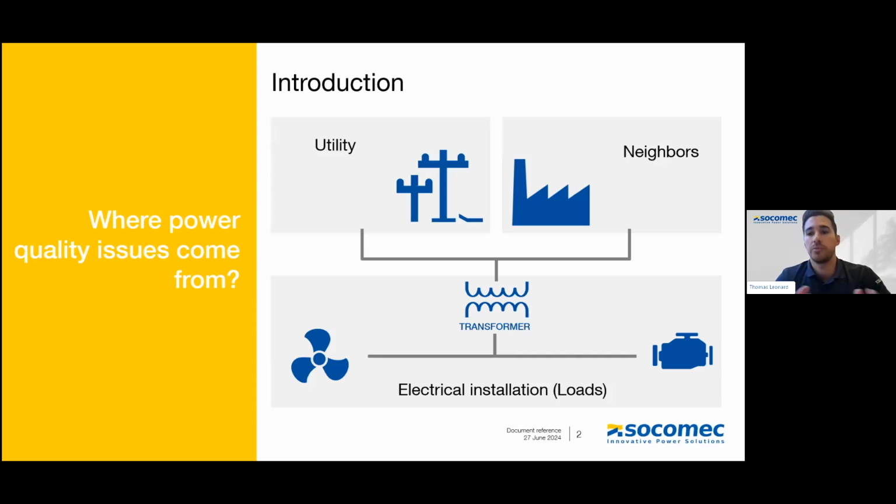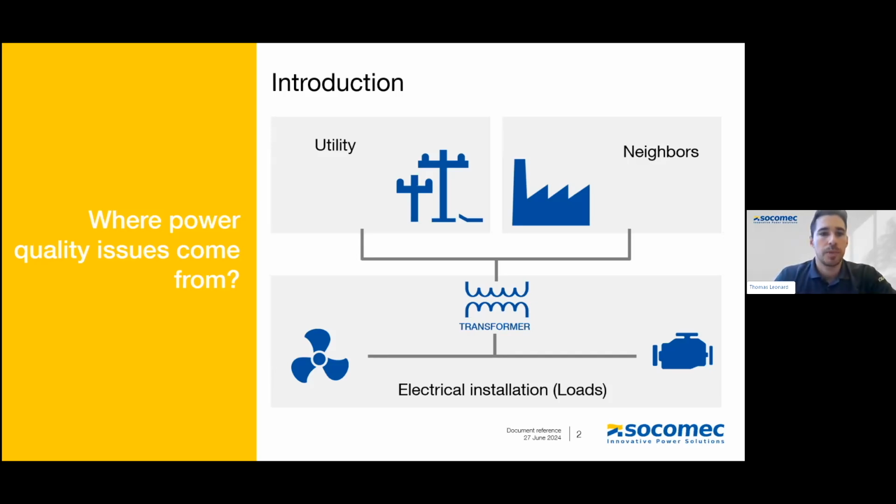So when you're within an electrical installation, your own facility, you may experience disturbances from your own installation, but they can come from the utility, from the grid, but also from your neighbors. If your neighbors are negligent in monitoring their power quality and making sure that their network is not polluted, well, you may also experience those issues in your own electrical distribution.